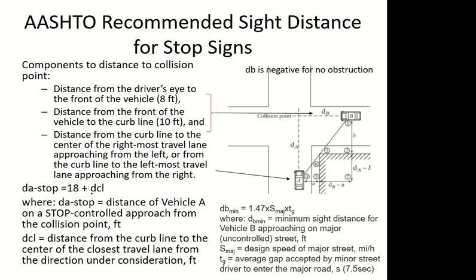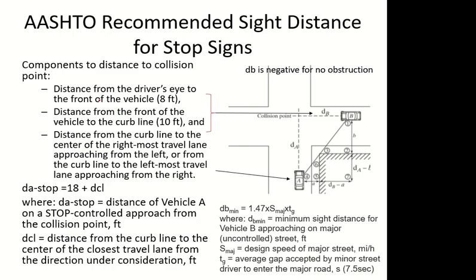Okay, so DCL is from the curb line to the center of the closest lane. From the curb to the curb is the side of the road. Okay, and then we have 18 feet. They have given the description of the 18 feet as well.